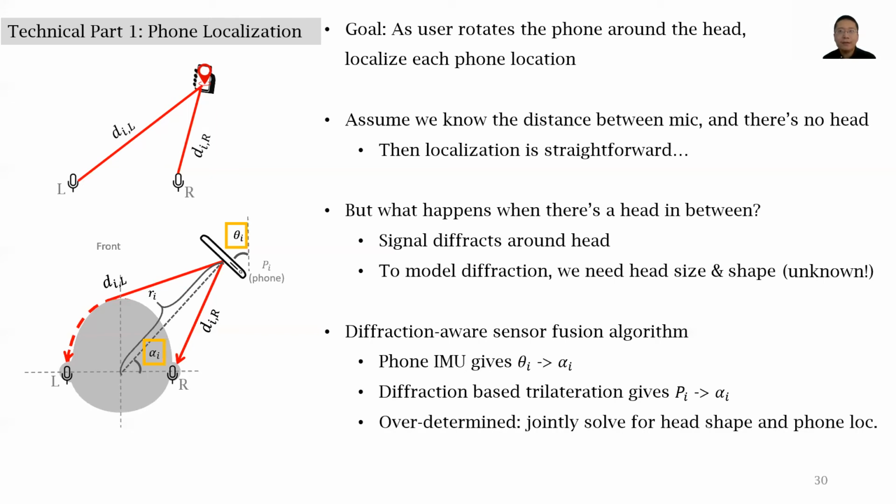And these two measurements make the system overdetermined and bring us the opportunity to jointly solve for the head shape and the phone location. And in this way, we can estimate where the phone is at each time instance. There are more details in the paper about this diffraction-aware sensor fusion algorithm.